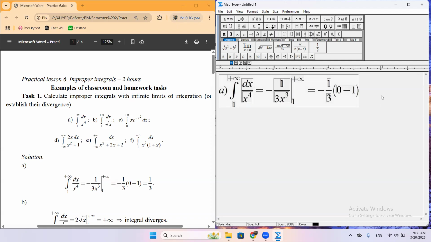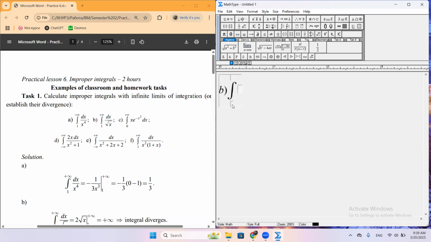And the result is 1 over 3. Any questions about this exercise? Okay, no questions. If no questions, let's move next.